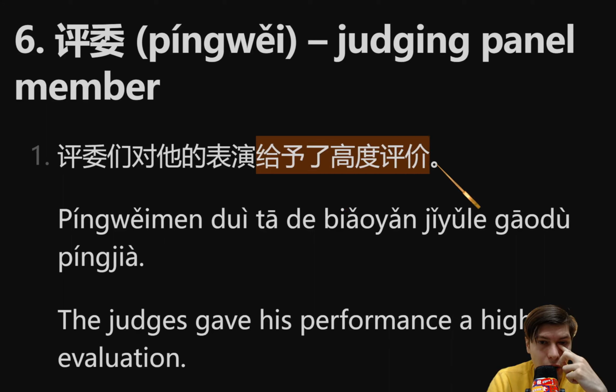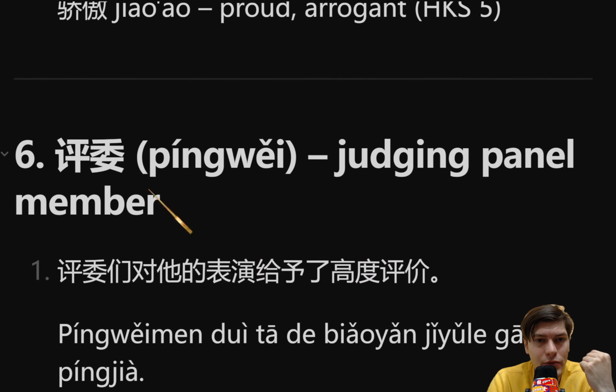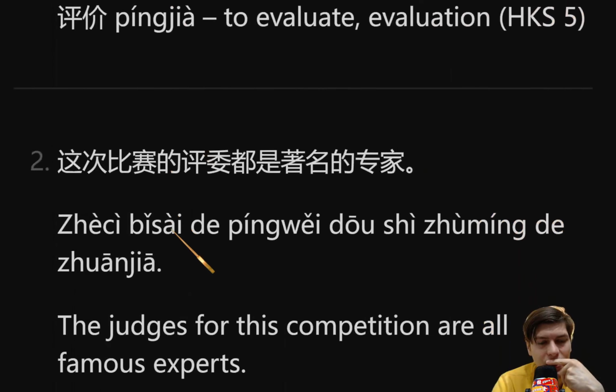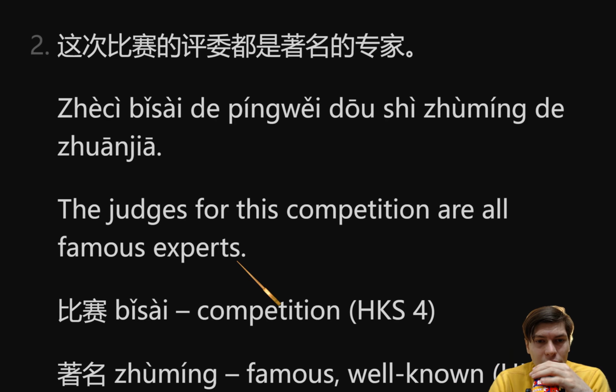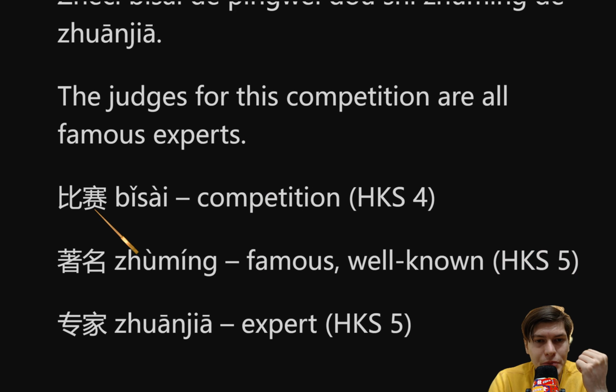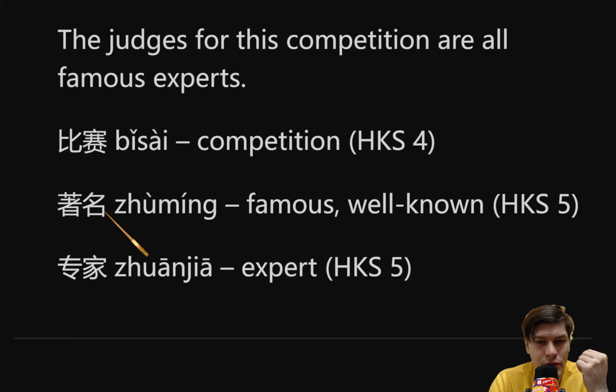Provided a high mark, a high evaluation. 给予了. But for now, 评委 is the most important. 评委. The judges for this competition are all famous experts. 比赛 competition, 著名 famous, well-known, 专家 expert.